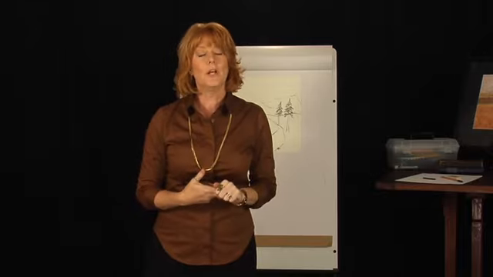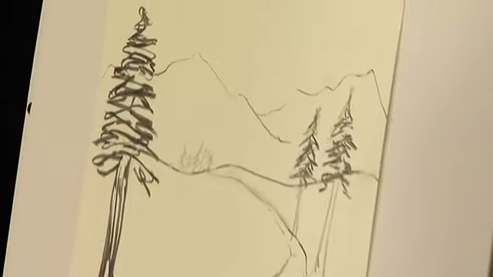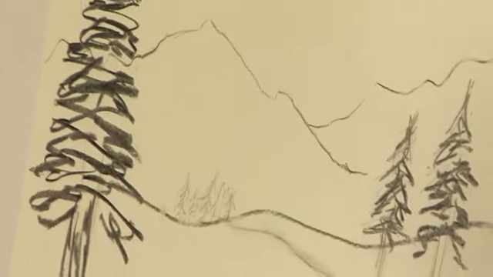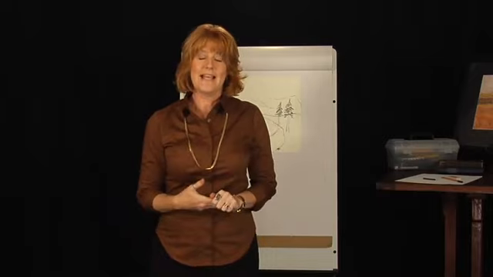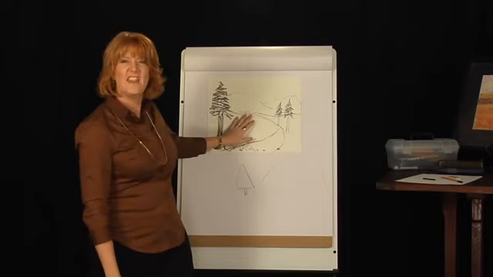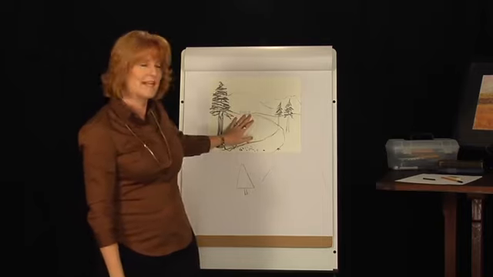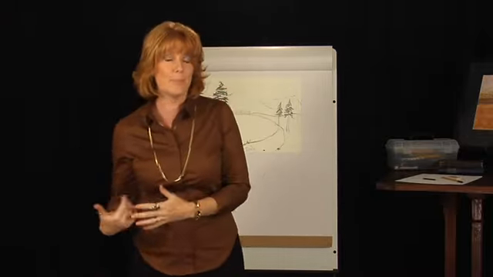Our second rule, use bolder, darker lines in the foreground where things are closer, but your lines get finer and lighter as they're further away. And the third rule of aerial perspective is that when things are closer to you, you can see a lot of detail. But as things get further away, there's less detail and things get a little fuzzy. So that's just our quick landscape to understand aerial perspective.